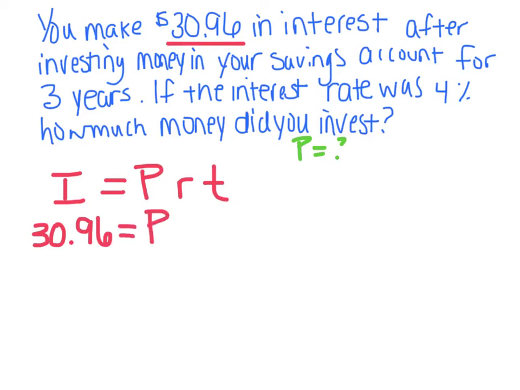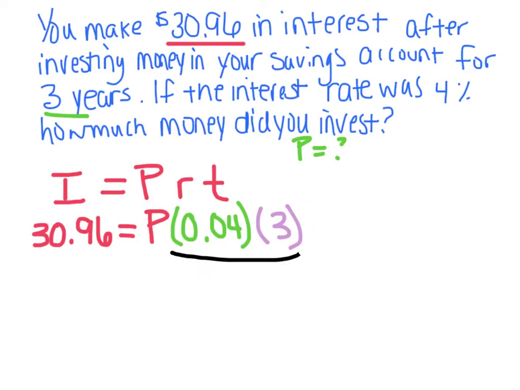My rate was 4%, so that's 0.04. And now they tell us the time was 3 years. So we multiply all that by 3. So we want to know what amount was invested at 4% for 3 years that yielded $30.96 in interest. So again, we have an equation. We can use our equation solving skills to solve this problem.